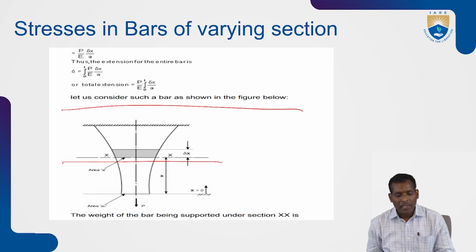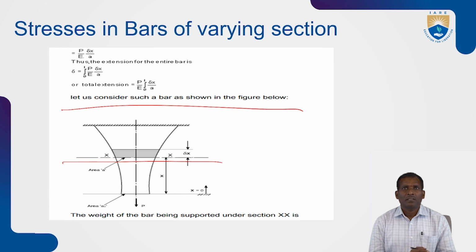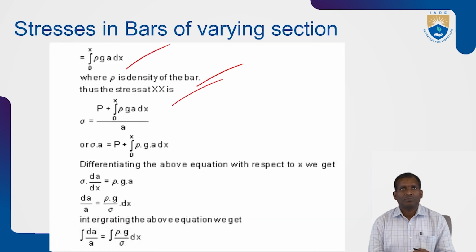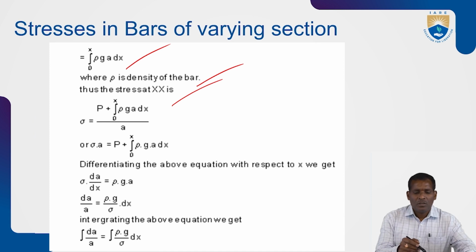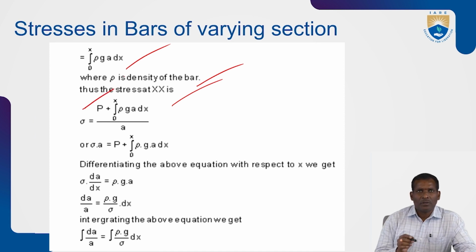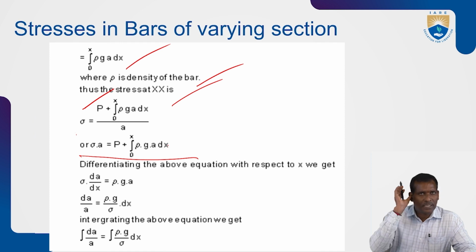Whenever you calculate the weight, you are considering the weight of the bar also. So stress is equal to the load, whatever load is acting externally, plus the self weight. So you will get the equation P plus the integral from 0 to X of rho into G into A into dx, the gravitational force and the area.